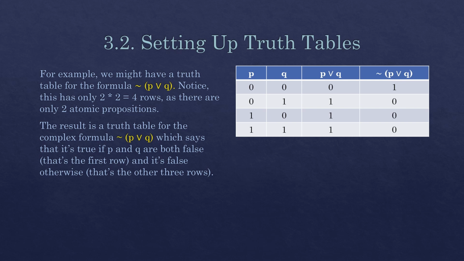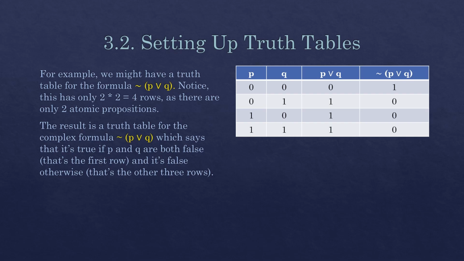For example, if P or Q is 0, then its negation will be 1. If P or Q is 1, its negation will be 0. And in this way we can continue our truth evaluation up to where P or Q is 1 and its opposite is 0.